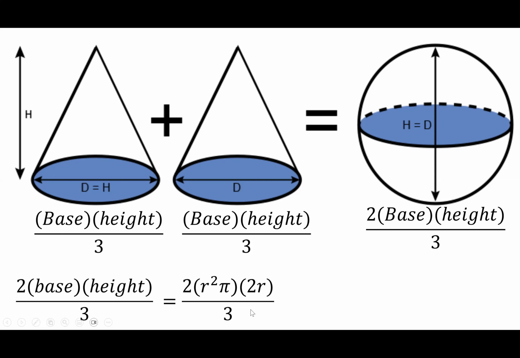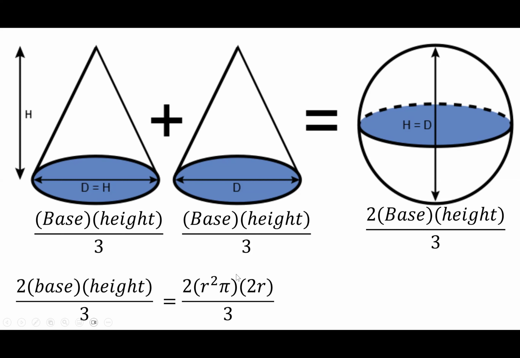Now, the top, I can combine some like terms, right? Looking at the top, I have a 2 and a 2. I can multiply that, right? 2 times 2 on the top, that's going to give me 4. But then I see radius squared and radius to the 1, right? When we don't see the exponent, it's radius to the 1. Back in algebra, I learned that when I'm multiplying, they have the same base, I'm just going to add the exponents.